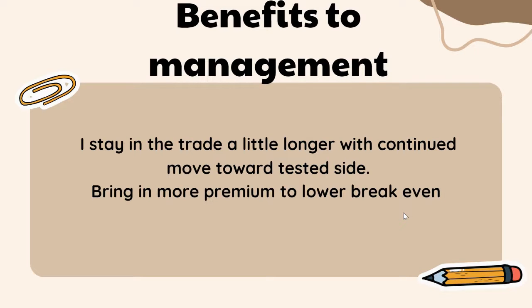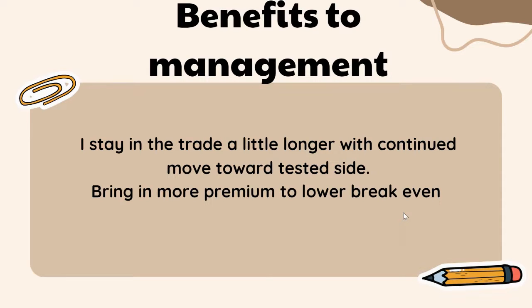So some of the benefits to doing this, you do stay in the trade a little longer if there's continued moves on the tested side. The reason why is you're bringing in more premium on the untested side, and that lowers your break even cost. So that's why you could stay in the trade a little longer if it keeps going on the tested side.